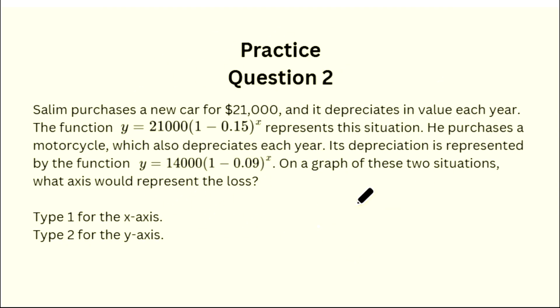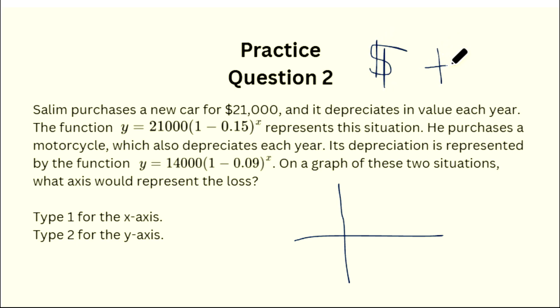This is the one that was talking about domain and range, okay? So we have the y-axis and we have the x-axis, and we're dealing with money, and we're dealing with time. So speed round. Which one of these is going to change? Which is going to be the independent factor? The money, it's going to change over time because both vehicles are depreciating in value.